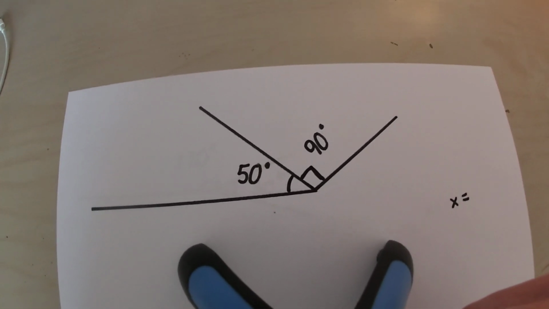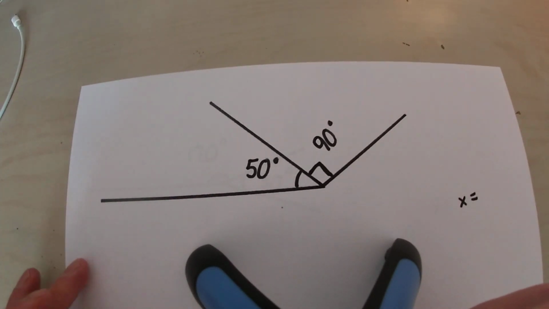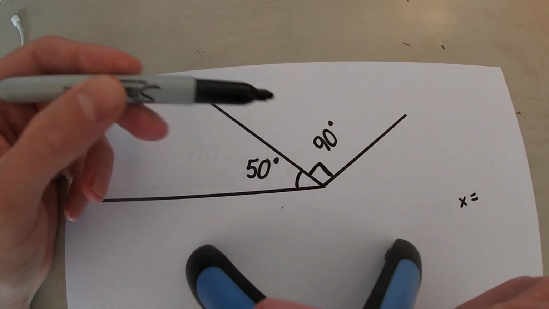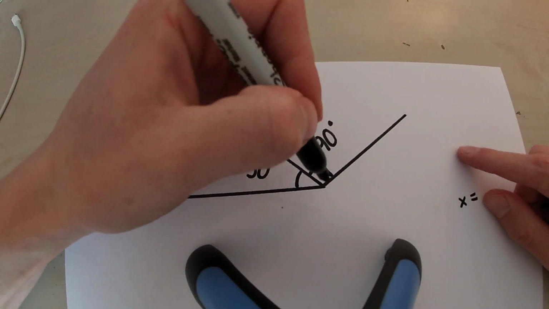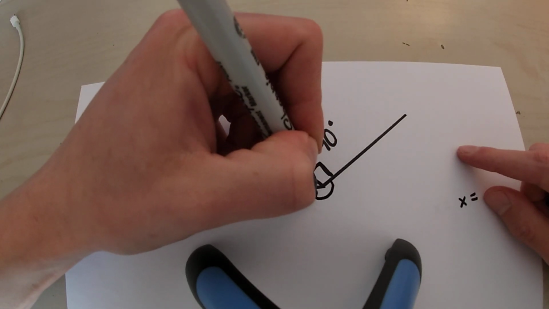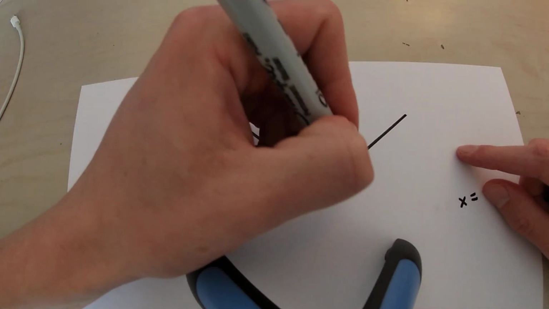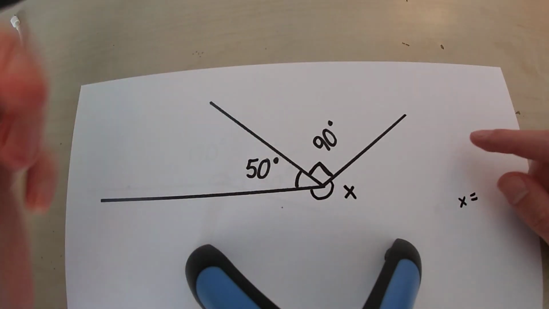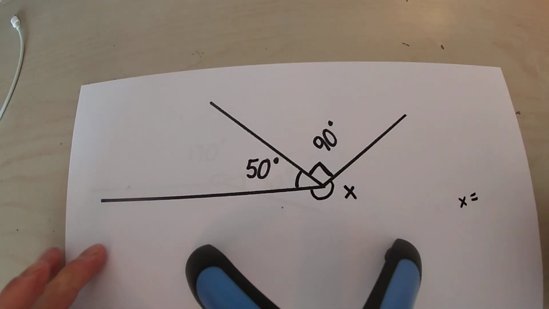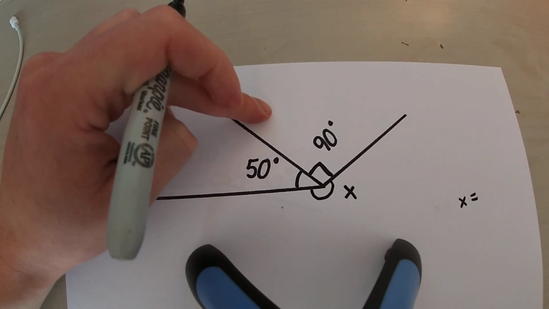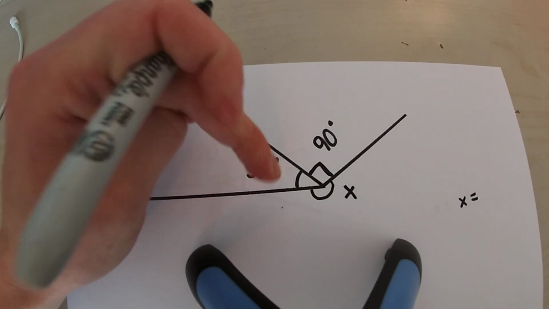We have got now two known angles. We've got 50 and we've got 90, and we are looking to find out the value of this angle here, which we are going to label X because it is our unknown. So we know two parts of it, 50 and 90, and we're looking for this part.